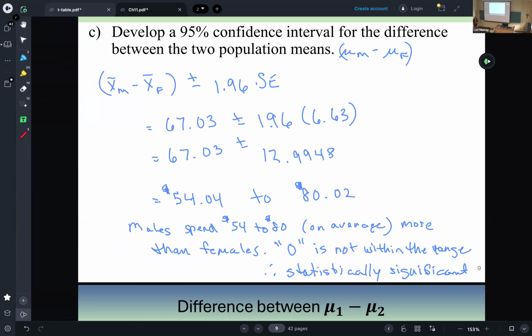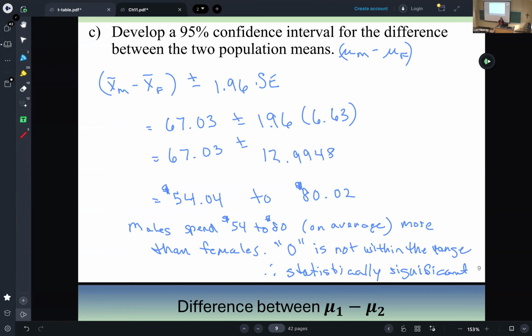Lots of information there. It's a great business example. You could compare 2 different branches or 2 different stores, the Masonville branch expenditures versus the White Oaks, and just think of all the ways you could use these confidence intervals. And you just look for 0. If 0 is in the range, there's no difference, because it means 0 could be the true difference.